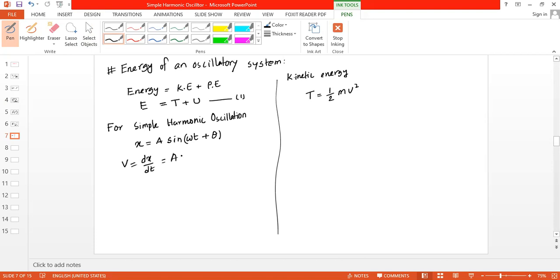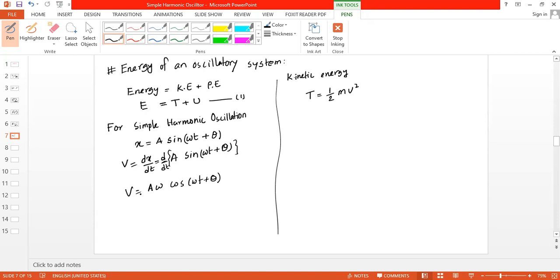I have to differentiate this. A is constant, it comes outside, and we already did this: velocity equals a omega cosine of omega t plus theta.